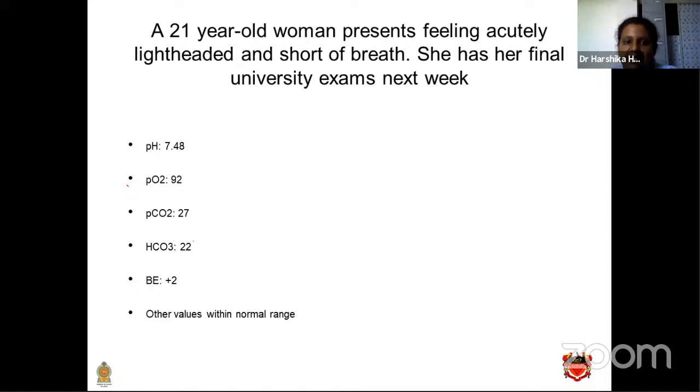So your initial chemical change is a primary respiratory alkalosis. And the bicarbonate is also going down; it's within the lower normal range. It's 22.